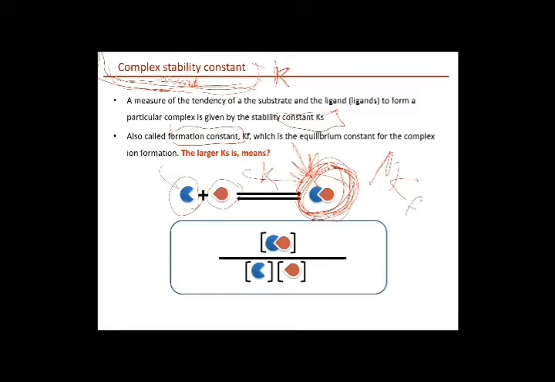This ligand and substrate have reacted to form this complex. So more K means this formed complex is more stable and the reaction has more tendency to go this way instead of this way. That is why we call it the complex stability constant.